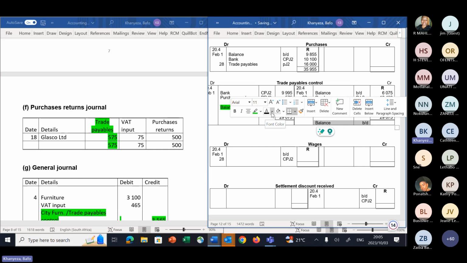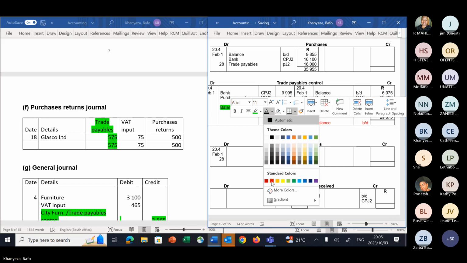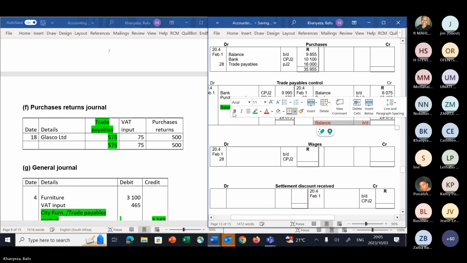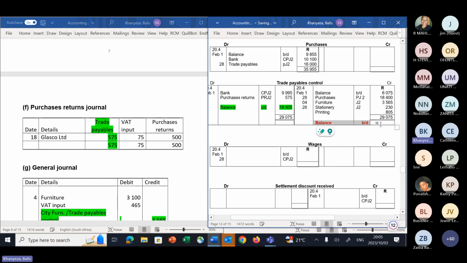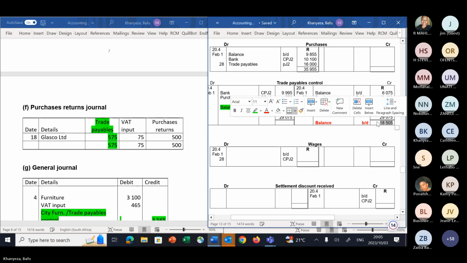Balance brought down is gonna be 18505. So this is what you will take to the trial balance.